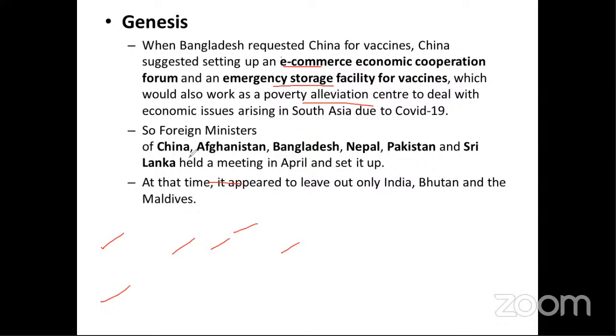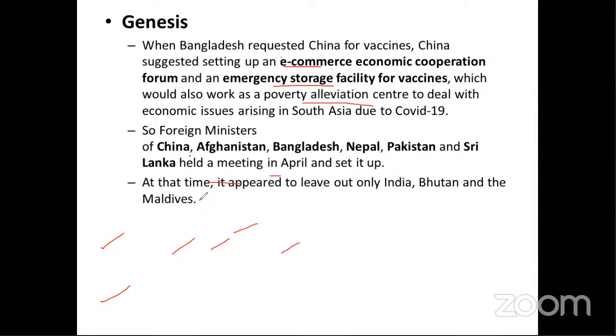So the foreign ministers of China, Afghanistan, Bangladesh, Nepal, Pakistan, and Sri Lanka held a meeting in April and set it up. At that time it appeared to leave out only India, Bhutan, and the Maldives. All the foreign ministers of these countries sat together, and they said we should start one initiative where there should not be any problem with vaccines.